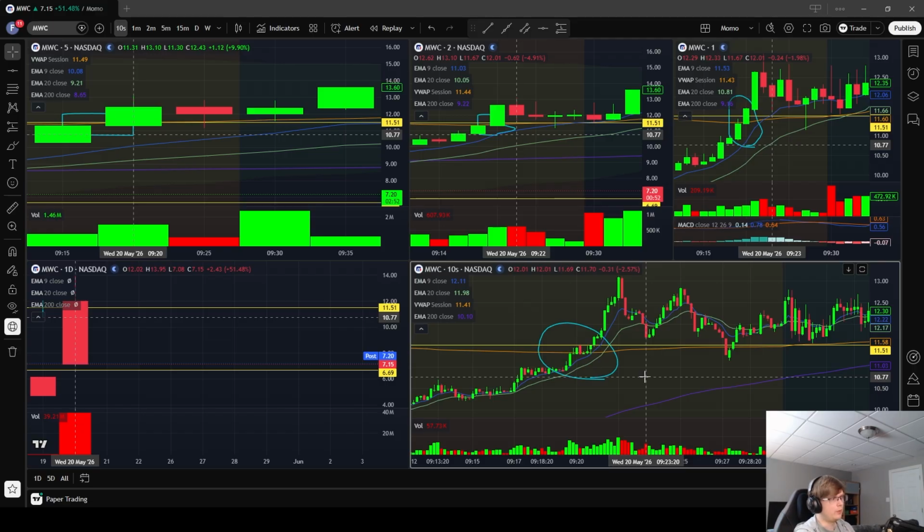50-50 accuracy with a 1-to-1 is break even. 50-50 accuracy with 1.5 over the long term is profitable. If you have a 1-to-1 profit loss ratio, but you have a 70% accuracy, you're profitable. If you have a 0.5 to 1 profit loss ratio, your accuracy is 66%.